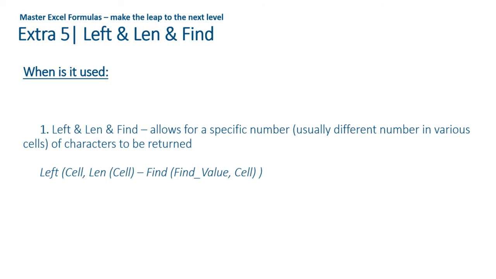Now I'm going to show you first of all a combination of the first 2 formulas, and then we will discuss the last part of this formula as well. What this does is it allows for a specific number, usually a different number in various cells, of characters to be returned. So let me give you an example to see what I mean here.